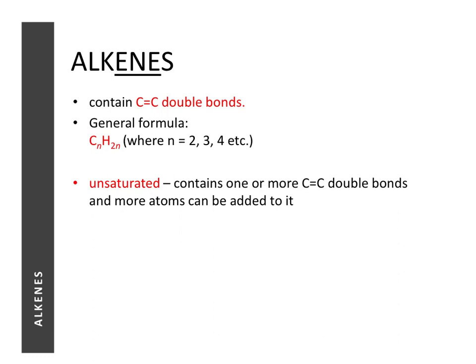So as mentioned, alkenes have the general formula CnH2n, and it is unsaturated. It contains one or more carbon-carbon double bonds, and more atoms can be added to it. Once we break one of the carbon-carbon double bonds, then we can add more atoms to the carbons across the carbon-carbon double bond.